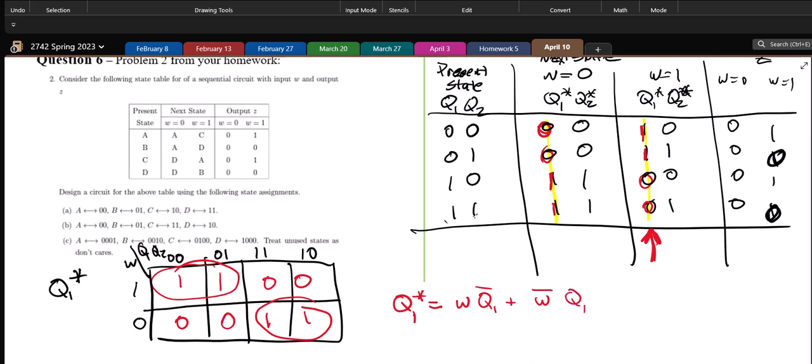Now, you might notice that W Q1 bar or W bar Q1, that is exclusive OR. So when we go to make our circuit, we can simplify it by just using an exclusive OR, W exclusive OR Q1.